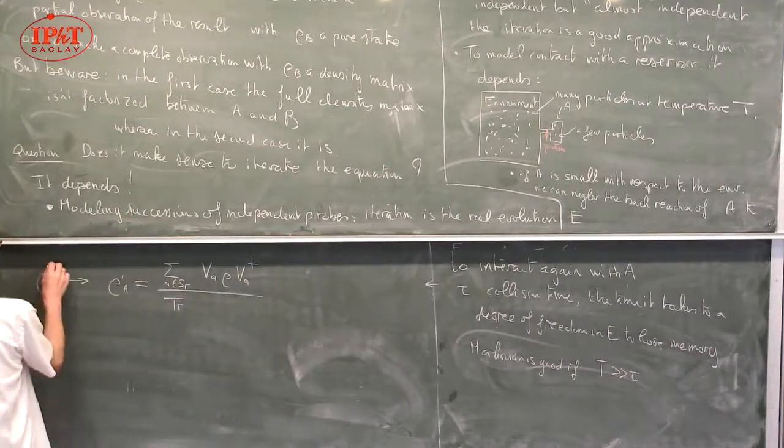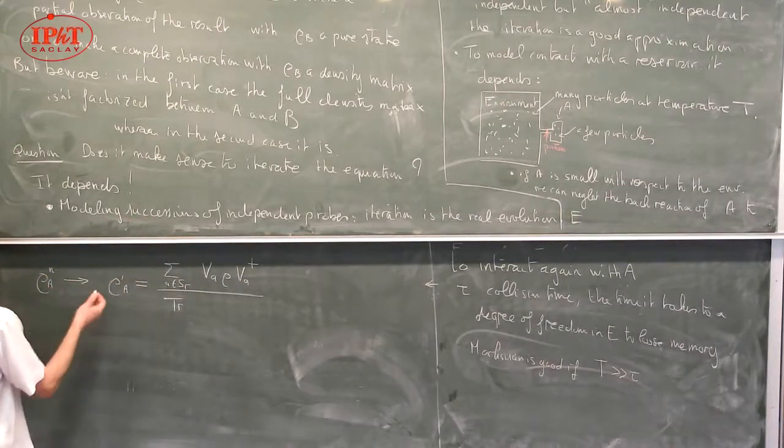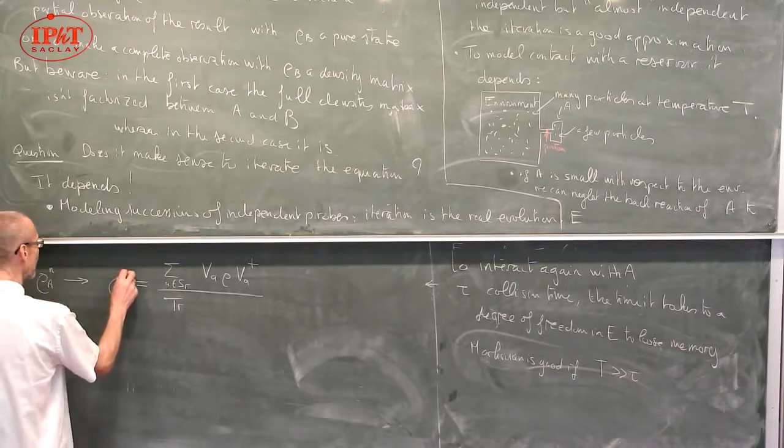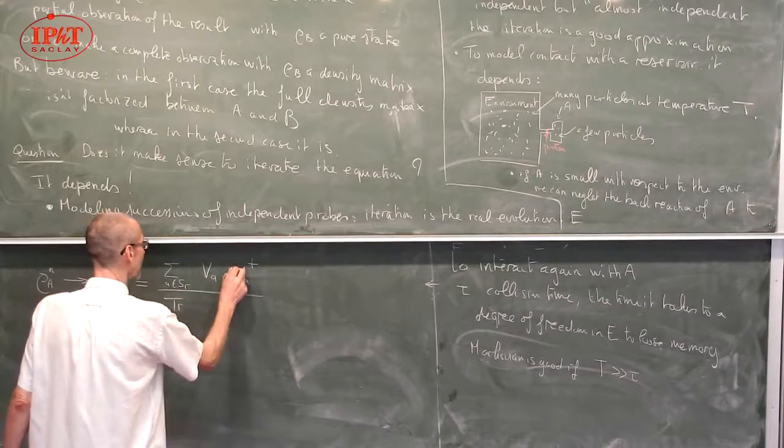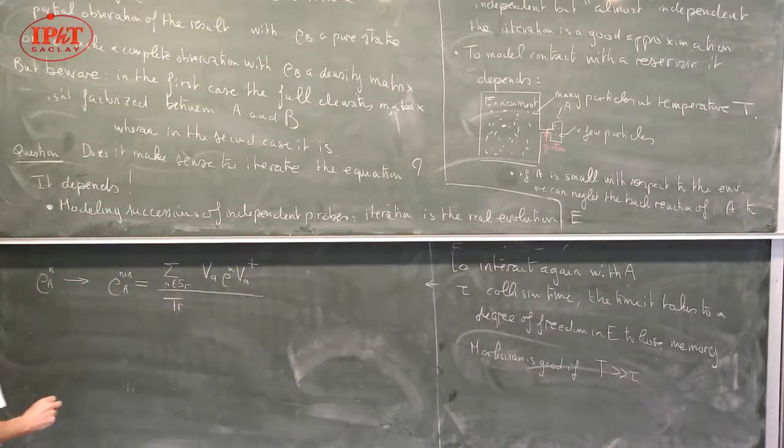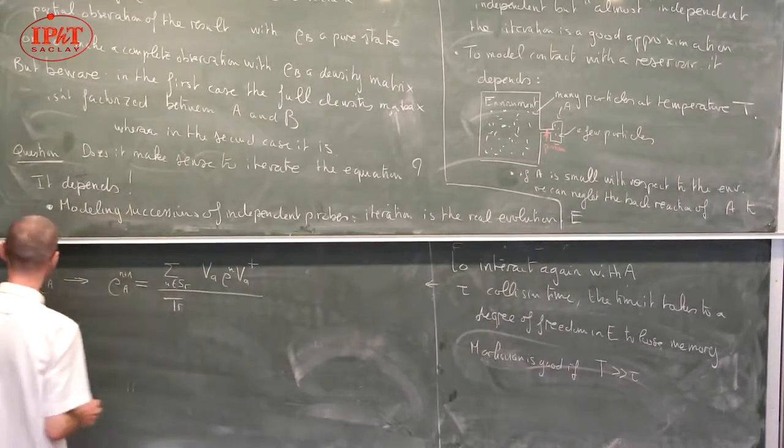And in fact let's introduce time, because we want this to be a Markovian evolution, divided by trace.